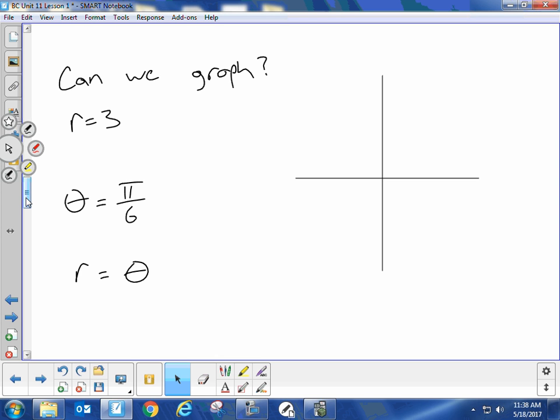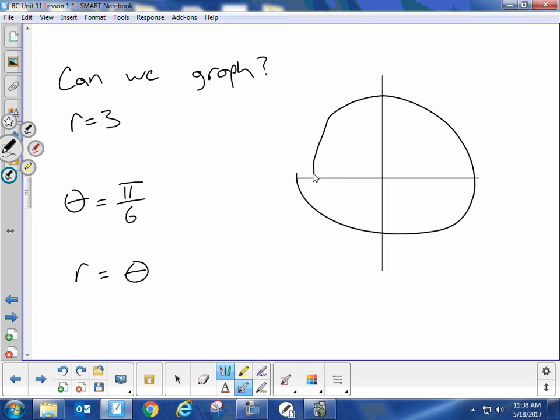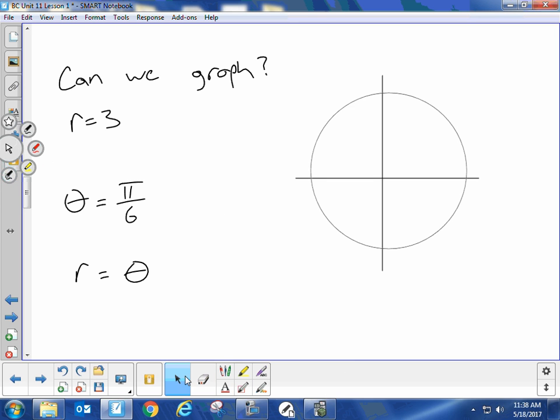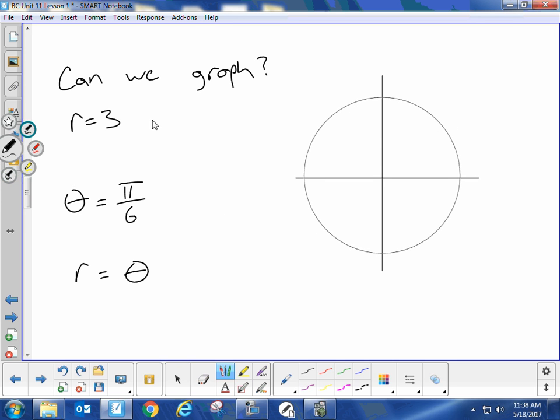All right, well, Mr. Williams, what do you think r equals 3 looks like? Circle, radius 3. No matter what theta is, my r is 3. Excellent. What do we think about theta equals pi over 6? Straight line with theta always being pi over 6. Excellent. Positives and negatives.